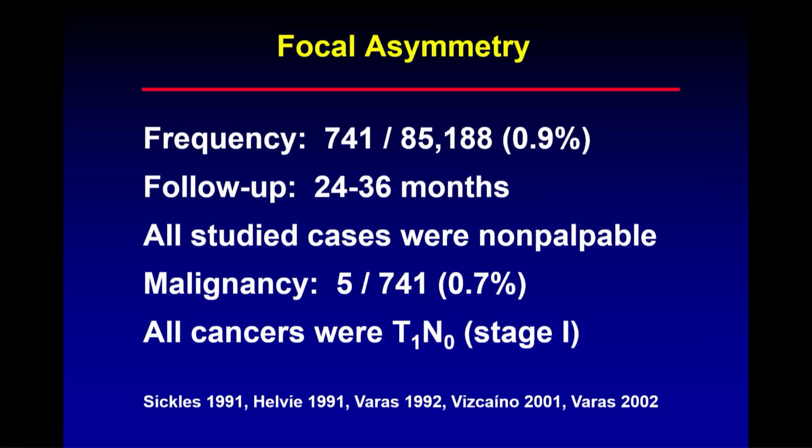Basically, the likelihood of malignancy of focal asymmetry, when you're not comparing with priors, is about 1%. That's why we're talking about it as a probably benign finding, if you don't have anything else to go on.